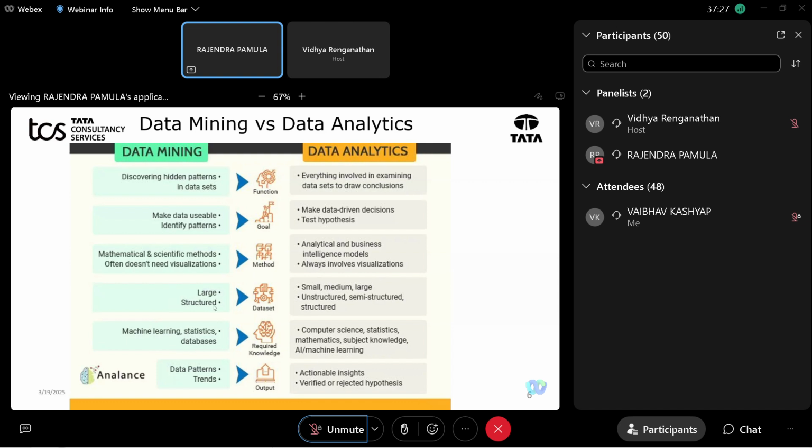Okay. So data mining can be applied on large and structured data. Generally, data mining is very efficient, or very possible, in a data set which is large and structured. That means there is a proper structure of the data.